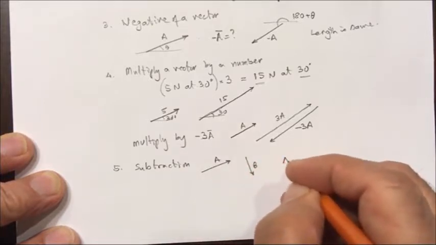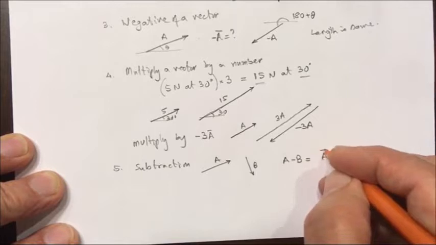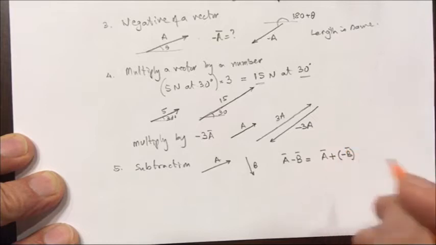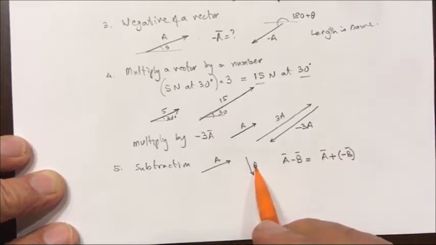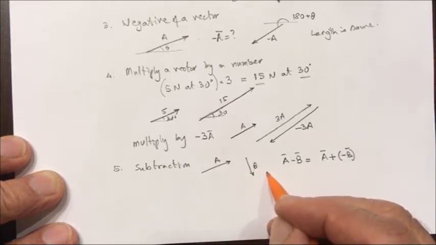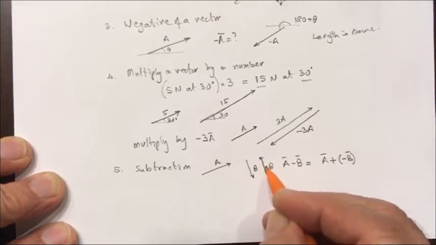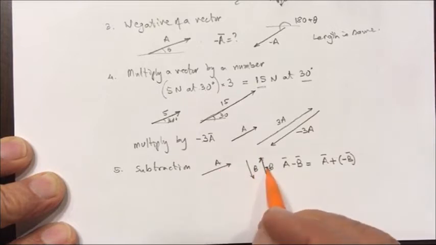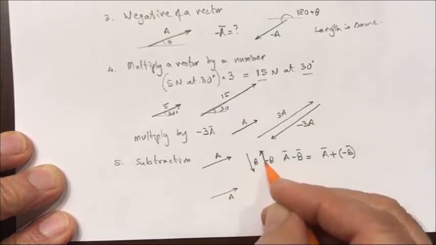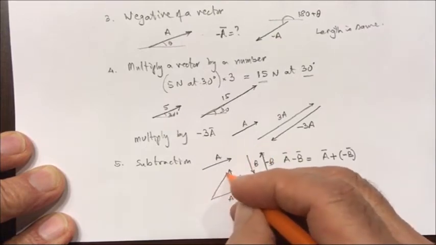And what we want is A minus B. So in this case, we will write it as A plus of minus B. So we'll take the negative of B and add it to A. And the negative of B is going to be like this. And now we add A and negative B. So that's going to be A, and the negative B is going to be here. So this will be A minus B.